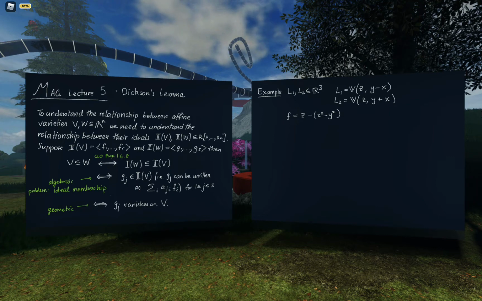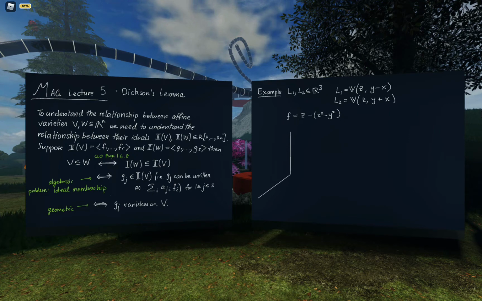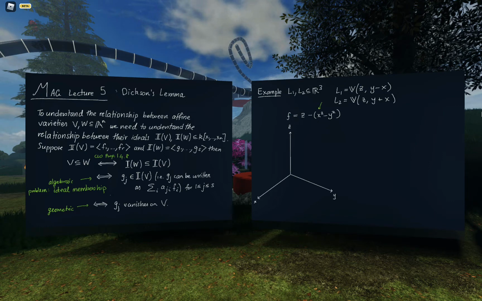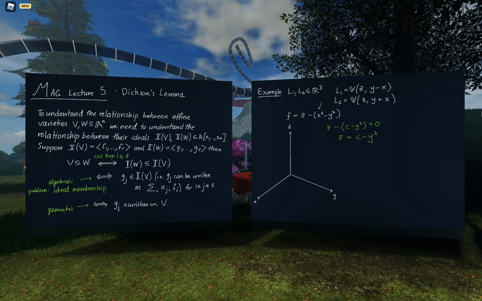Okay, so let me attempt to draw a picture here. So how am I roughly going to sketch this? Well, if I slice it in the constant x planes, that is, I stick a number in here, what am I going to get? Well, I'm going to get z minus some constant minus y squared is 0. So that's z equals c minus y squared.